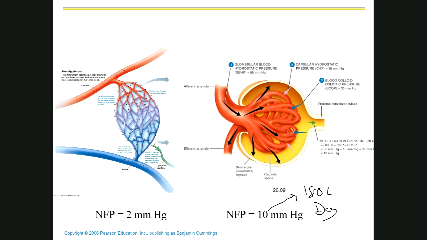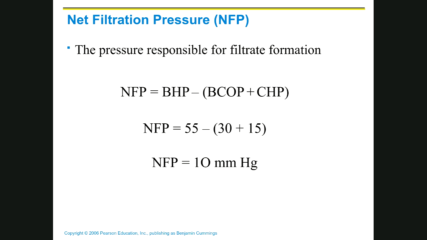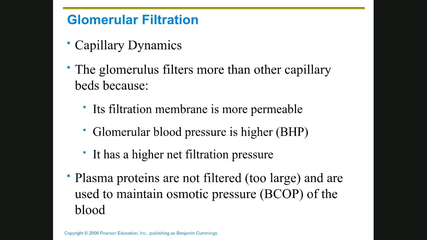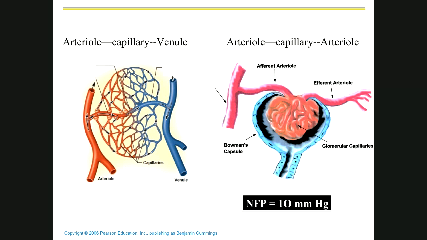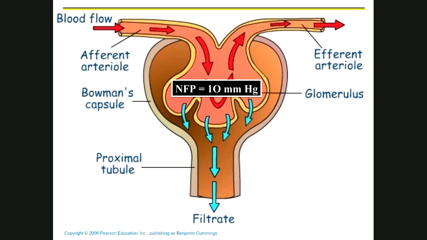So that means that 180 liters are going to come out of the blood into these little tubes. And if I don't get it back out, it's going to become urine. Any questions? So we're going to wind up with a bunch of filtrate.